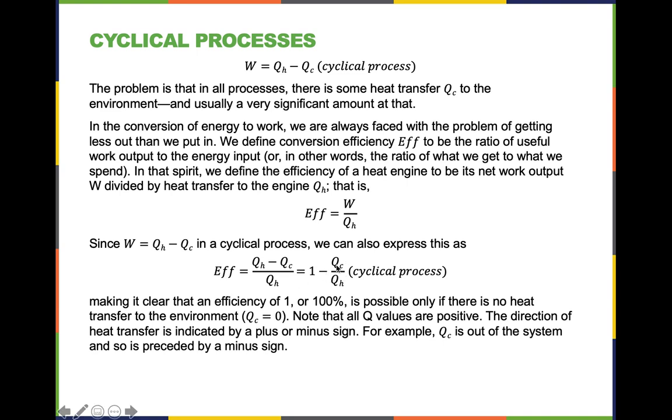So if QC equals 0, then this goes away and our efficiency is 1. That would be 100%. Note that all Q values are positive. The direction of heat transfer is indicated by a plus or minus sign. For example, QC is out of the system, and so is preceded by a minus sign.